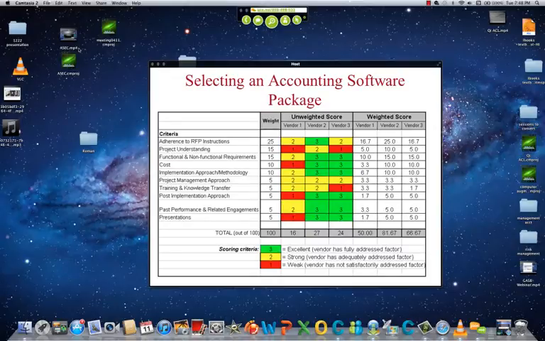So based on your weights and your scores, you calculate those weighted scores, and you add them up to get the weighted average. In this example, your analysis shows you that for vendor 2, you get 81.67 points, which is the maximum out of those 3. So you would go with vendor 2.